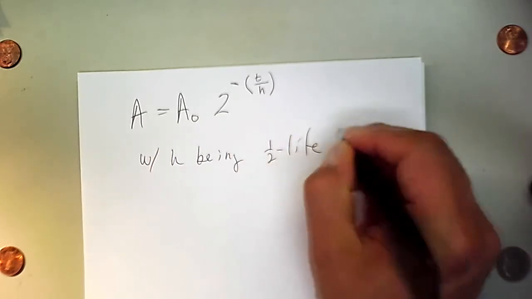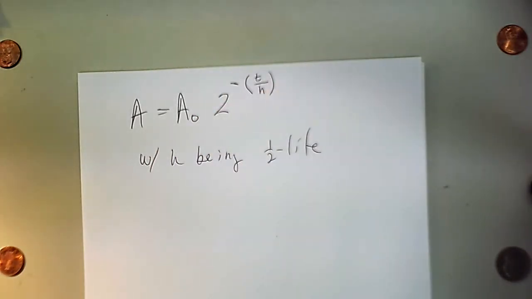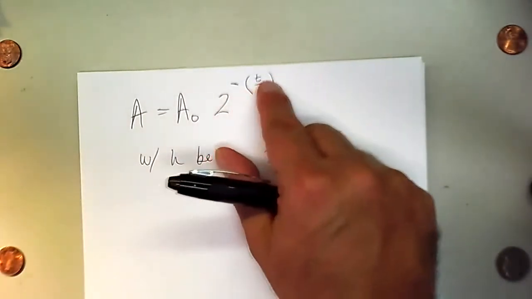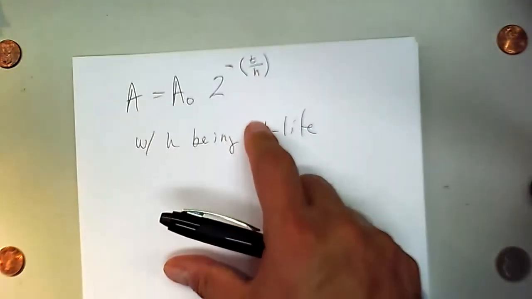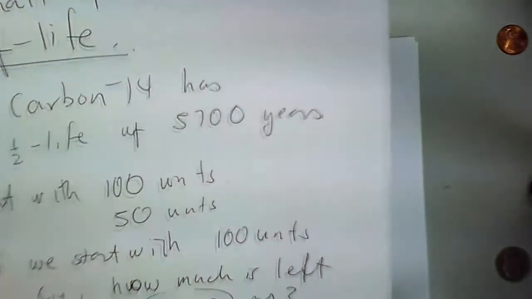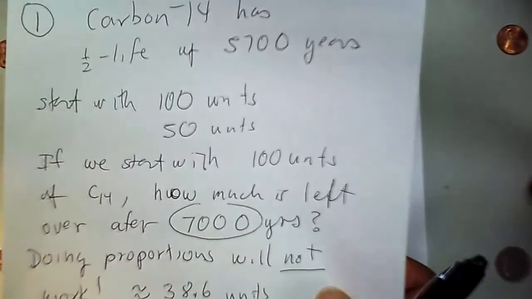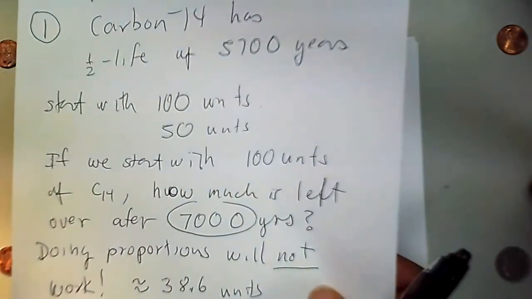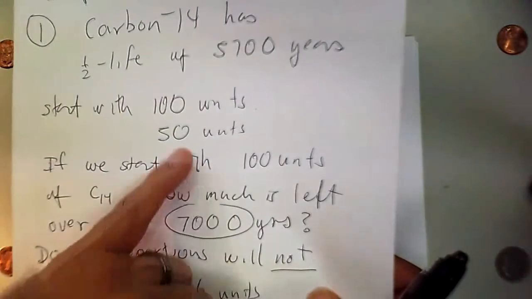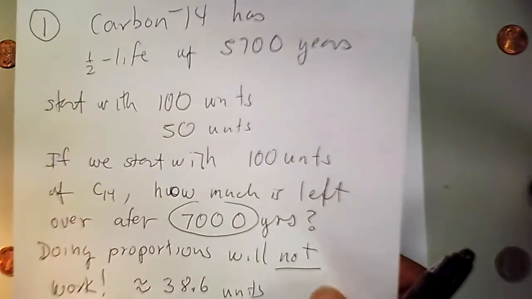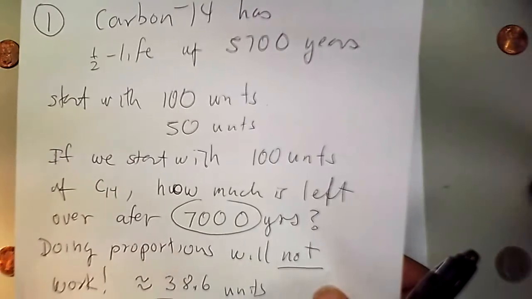And this formula will work. For instance, in the current example, if we start out with 100 units, how much are we going to have after 7,000 years?